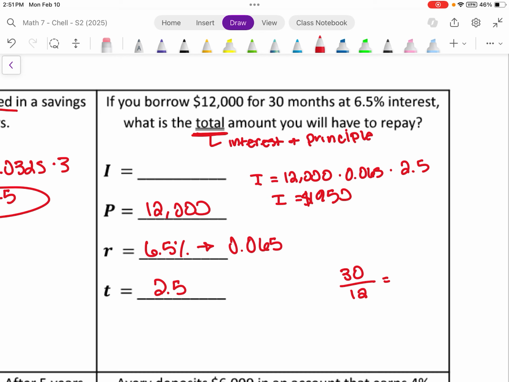Okay, so we know our interest is going to be $1,950 plus the $12,000 that we borrowed, which at the end is going to equal $13,950. That's how much in total you're going to be paying. Your principal, the money you borrowed, plus the interest. Okay?